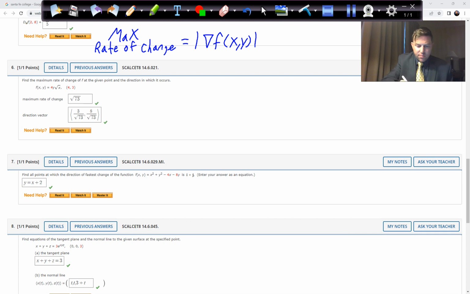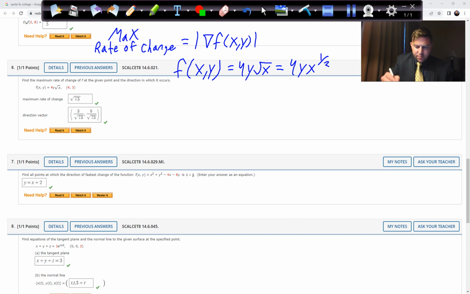So let's see what kind of equation they gave us. f(x,y) is 4y root x, which I'm going to immediately change to 4y x to the 1/2. Therefore, the fx component would be, let me write it all out, 4 times 1/2, y is a constant, x to the minus 1/2.